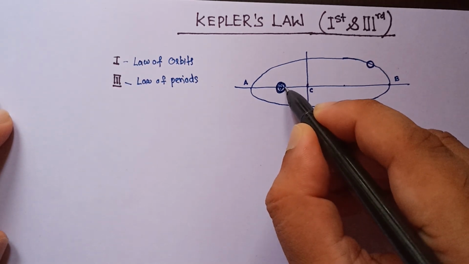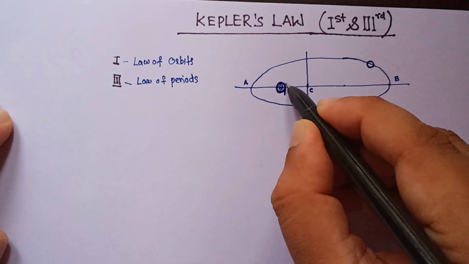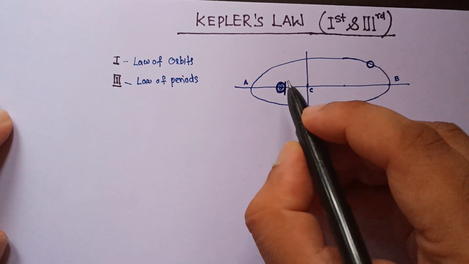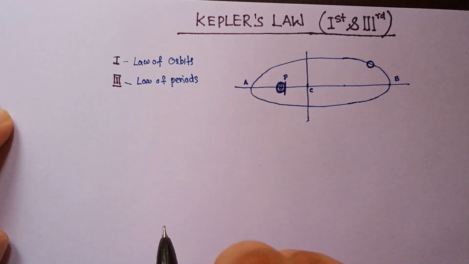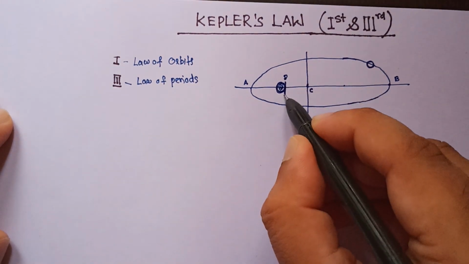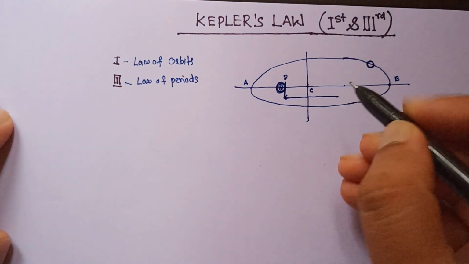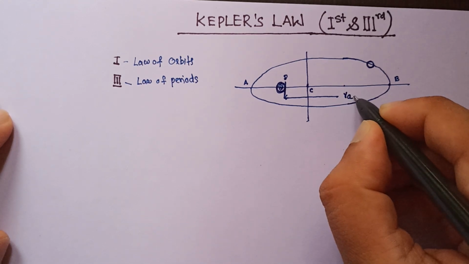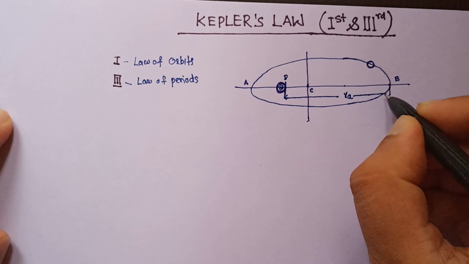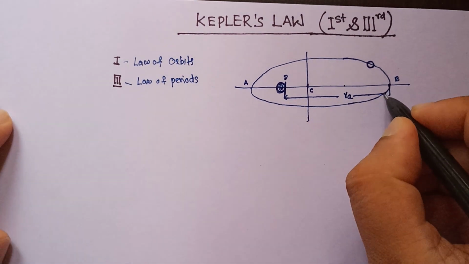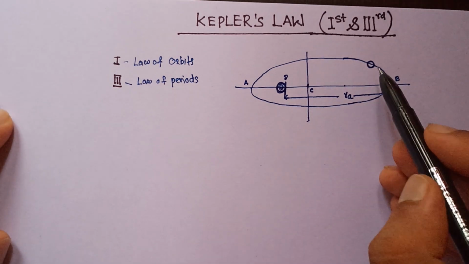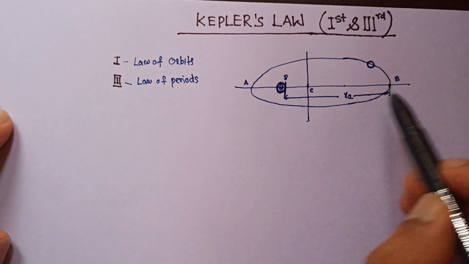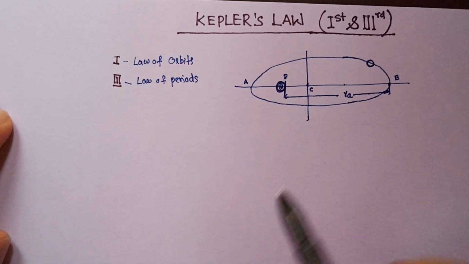Now I name a point D. From D to B we define a distance called the aphelion, RA, up to this vertex point. When the planet reaches here, this is the maximum distance between the planet and the sun. That distance is called the aphelion.